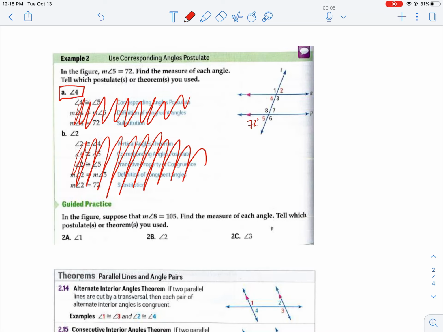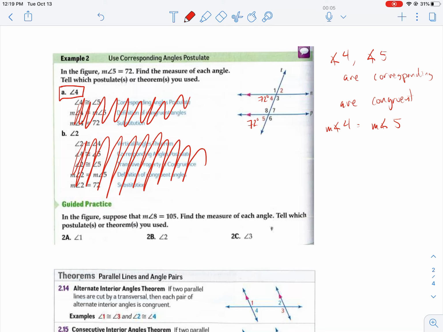All right, well, angle 4 and angle 5 are corresponding, which means they are congruent, which means the measure of angle 4 is equal to the measure of angle 5. And so therefore, angle 4 is also 72 degrees.